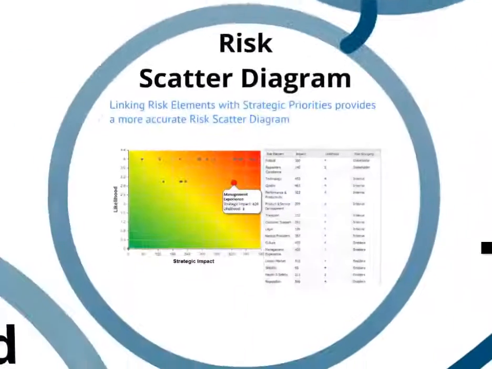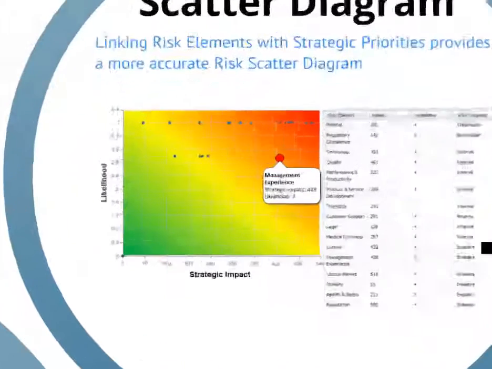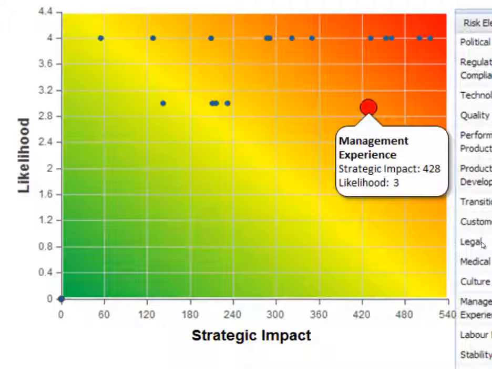This chart allows us to produce a standard, for example, risk scatter diagram, where we chart the likelihood on the left and the strategic impact across the bottom. But you'll now see the strategic impact is no longer ranked from 1 to 5, but 1 to whatever the highest value of strategic impact is.